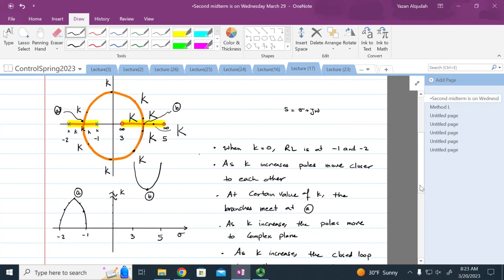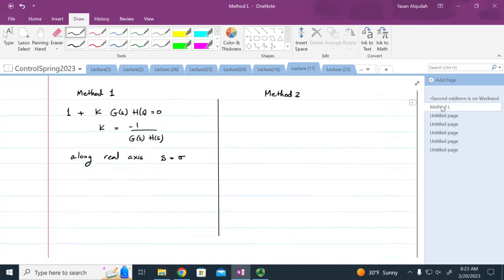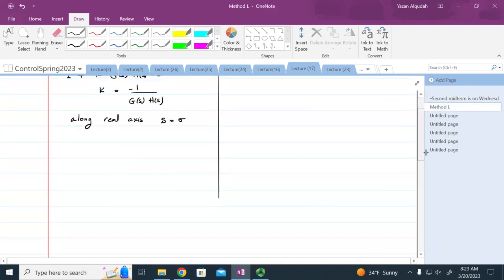Along this yellow line, what is s equal to? Sigma. There is no j omega. Again, you can keep it either way, it's up to you. We're probably going to do it both ways, but this is just a labeling. So therefore, I can write k as -1 over g of sigma multiplied by h of sigma.